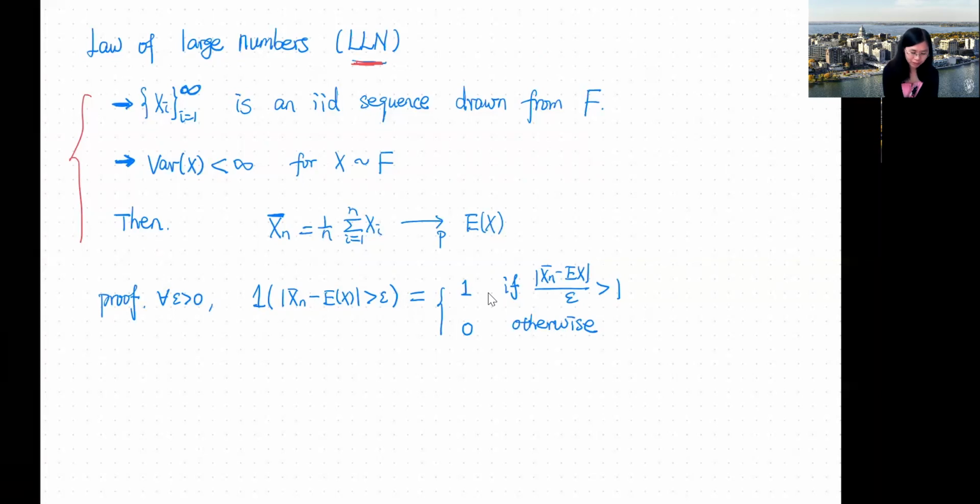So you might be wondering why do we consider an IID sequence, even though in estimation we're just using n observations? Why do we use an infinite sequence? The reason is, for the law of large numbers or for consistency, we have to go through this thought experiment of increasing sample size.